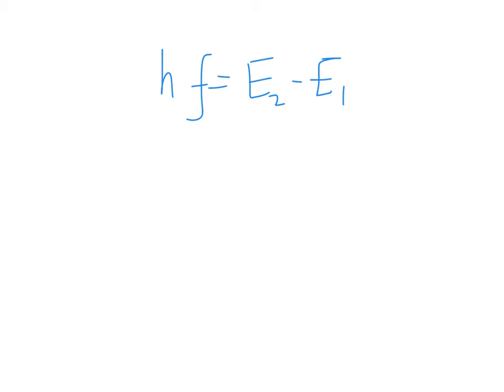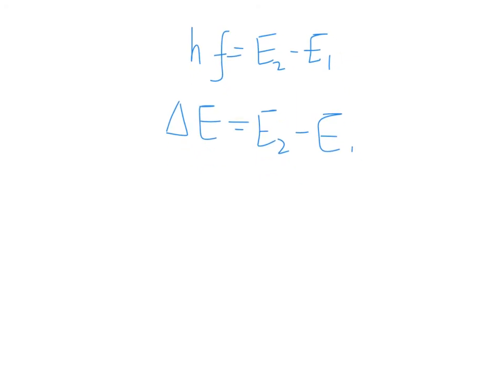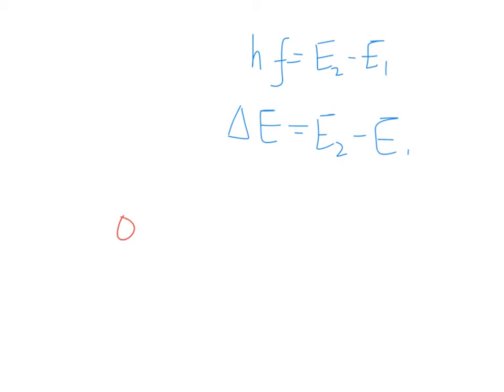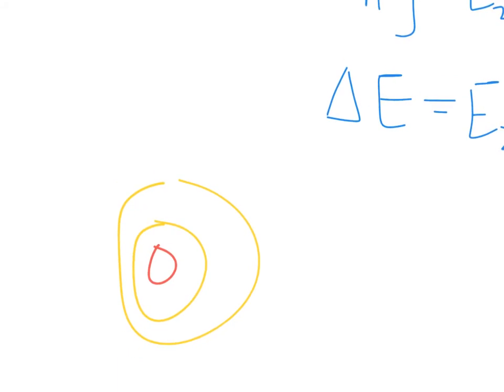So I think a simpler way of writing this, or something that maybe precedes it, is just saying that the change in energy is going to be second energy take away the first energy. So what this means for our diagrams that we are looking at earlier, we have our nucleus, we have our electron shells. So let's just say that an electron here goes from this shell to this shell.